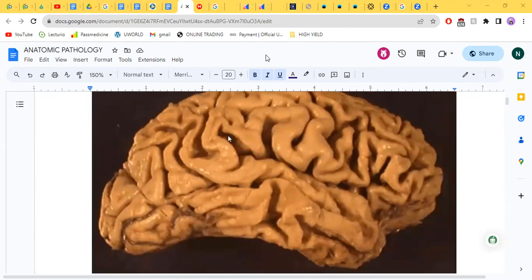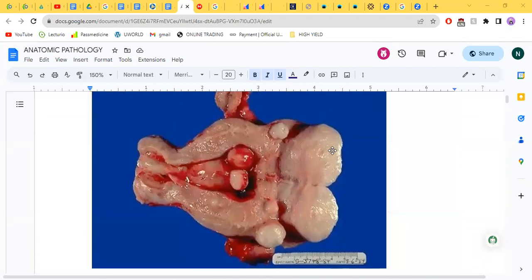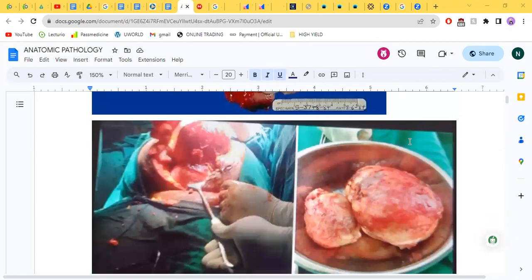Maybe we can go up and try to differentiate the two again. The bottom one, the picture with multiple pictures. Now, maybe someone can help us differentiate between this and the fibroma we saw earlier.